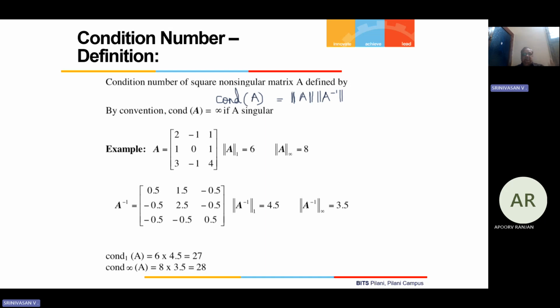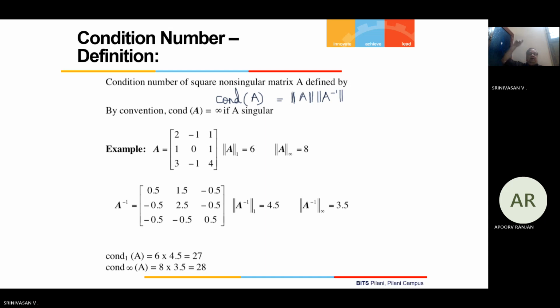Okay. A inverse, of course, is found here, because finding determinant A and then 1 by determinant A into adjoint A is itself a big problem, and its values are given. So we will now find norm A inverse suffix 1. Go for column sums, after taking absolute values. 0.5 plus 0.5 plus 0.5, 1.5. Second column, 1.5 plus 2.5 minus 0.5.